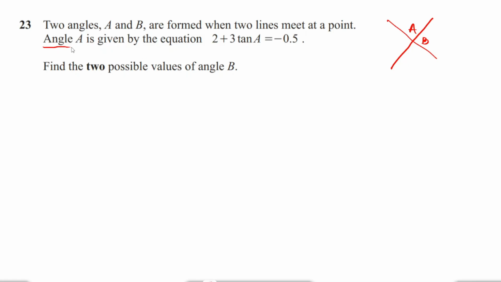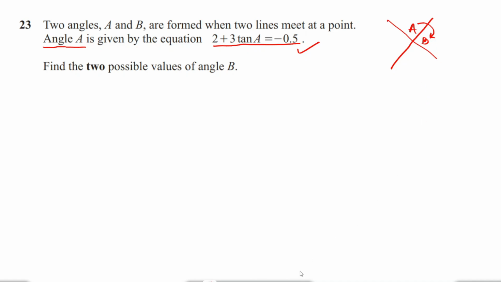Angle A is given by the equation 2 + 3 tan A = -0.5. Find the two possible values of angle B. So first of all, find angle A, then we will relate where angle B can be located. If two angles A and B are formed when two lines meet at a point, angle A and B can be like this.